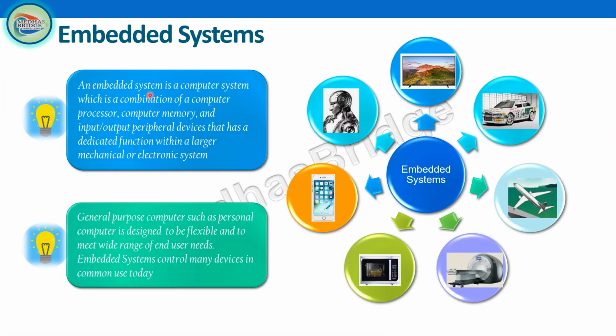An embedded system is a computer system which is a combination of a computer processor, computer memory, and input output peripheral devices that has a dedicated function within a larger mechanical or electronic system. The takeaway point here is that a dedicated functionality which is a part of a larger integral system can be considered an embedded system, isn't it right?